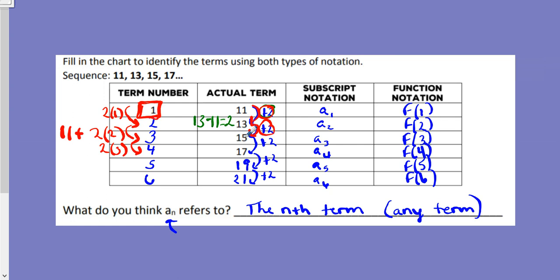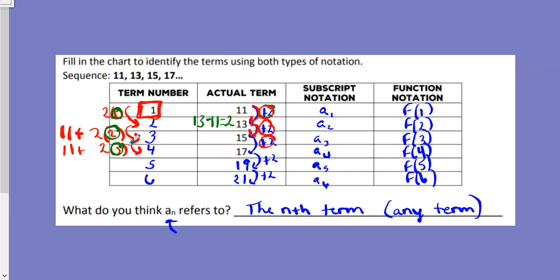And then to get to my fourth term of 17, I'm starting with 11, and I'm adding 2 three times, or adding 6, to get to 17. So what you can see is that each time I'm adding 2 one less time than the actual term number. To get to my second term, I'm adding it once. To get to my third term, I'm adding it 2 times. To get to my fourth term, I'm adding it 3 times.